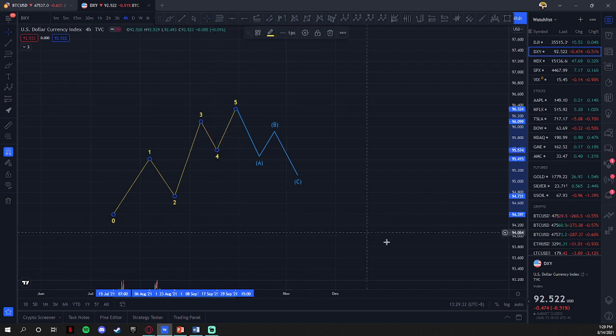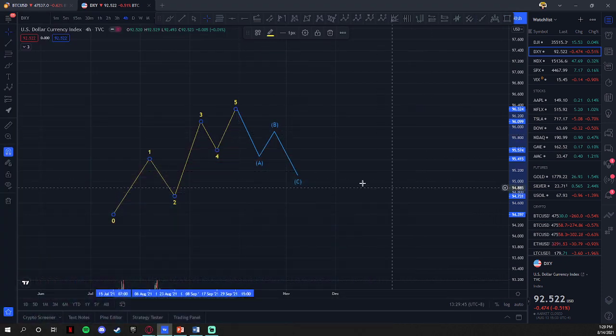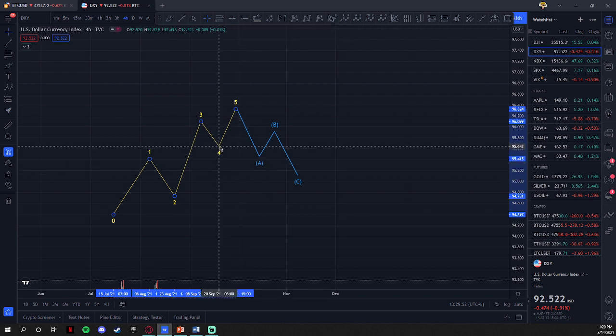Okay, this wave tends to be weak because there are usually more people that are still bullish on the coin and are waiting to buy the dips. Okay, so after a 150% move upwards, when the move starts to move down, let's say 30%, there are people already waiting for their coins.